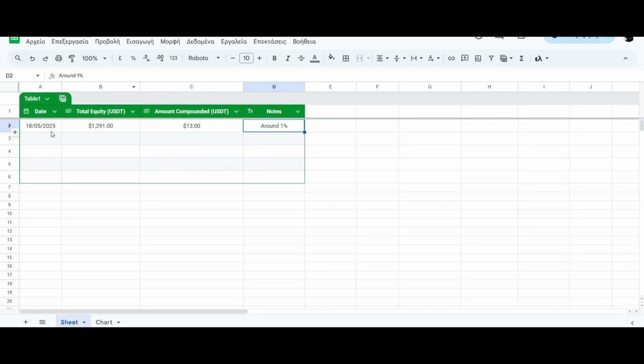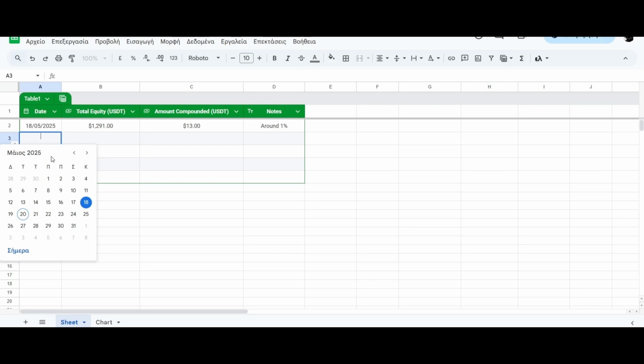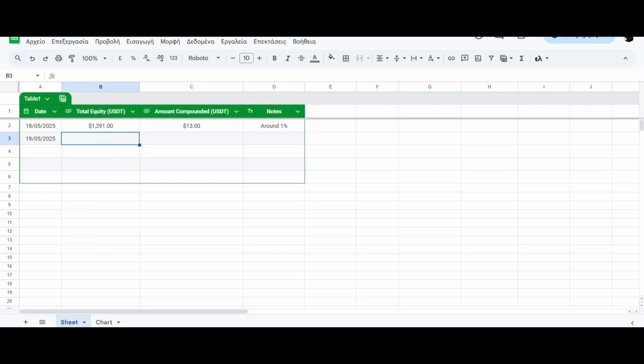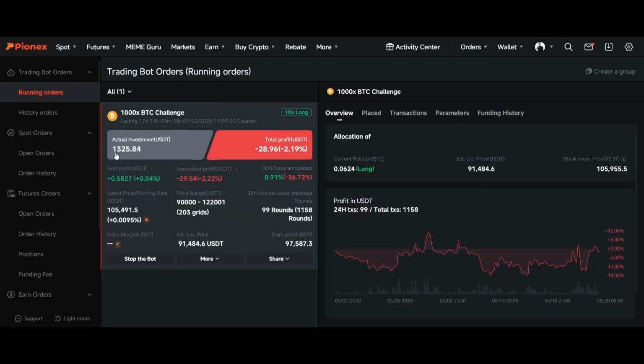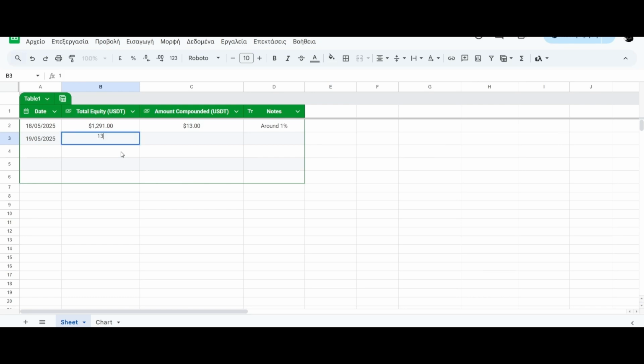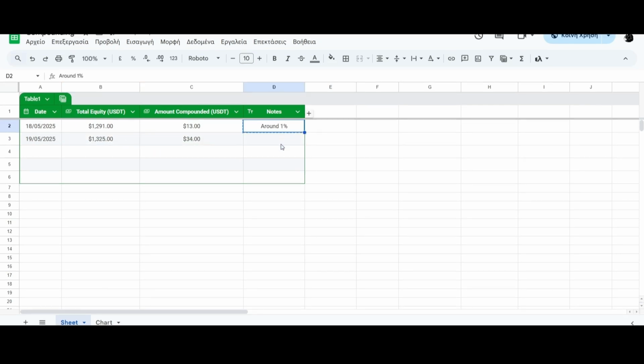And also I've compounded a bit of profit yesterday. So let's just log this as well. So total equity is this one, and that's around, okay. So we had our second compound, which is very good.